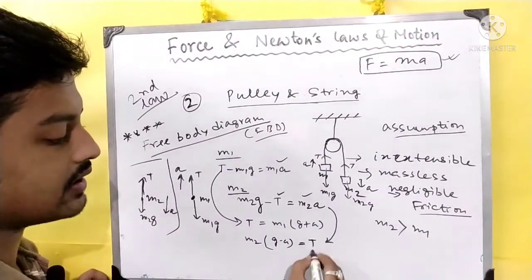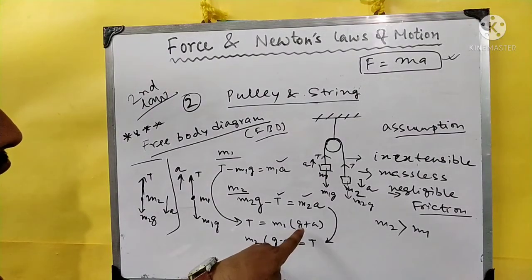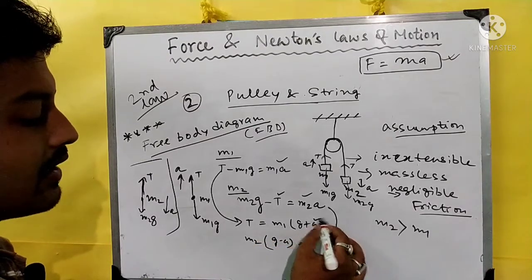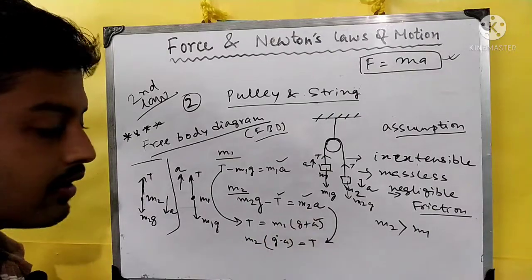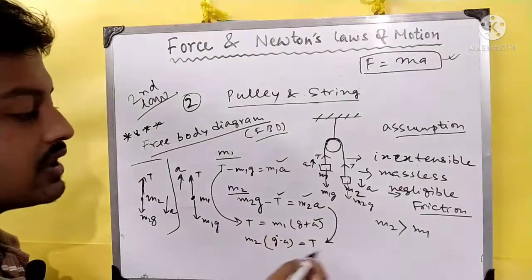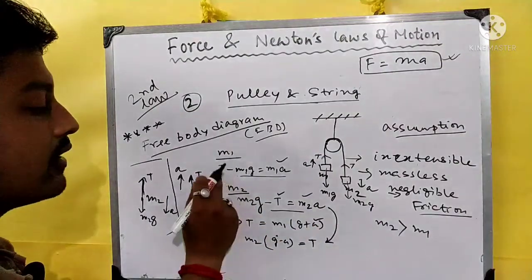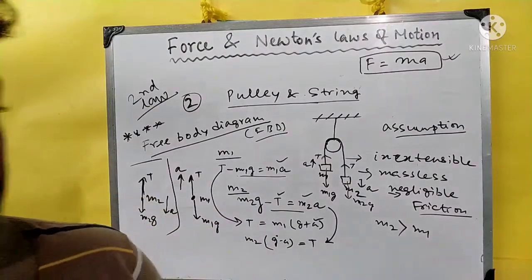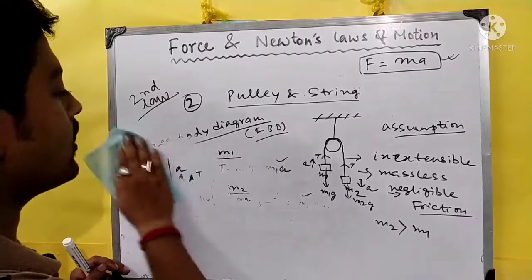You have to equate these two expressions to find the value of acceleration. g is given, and m1 and m2 will be given. Then put the values in either of the two equations and you will have the value of tension. Okay, these were the two applications of Newton's second law.